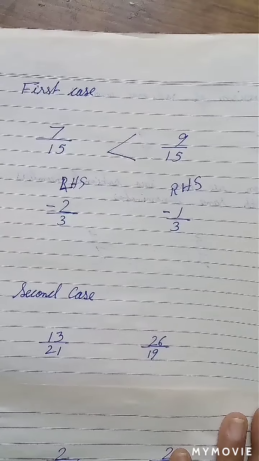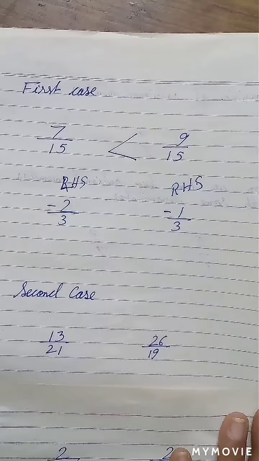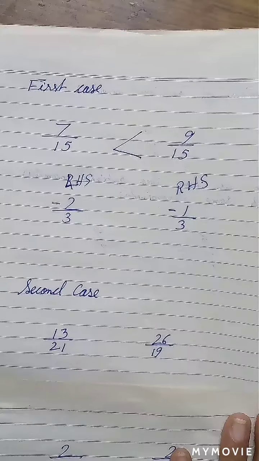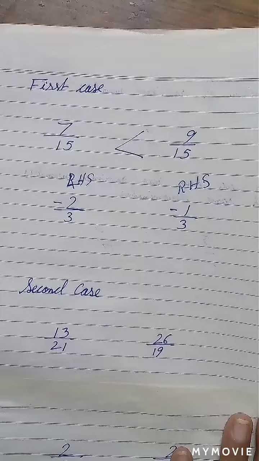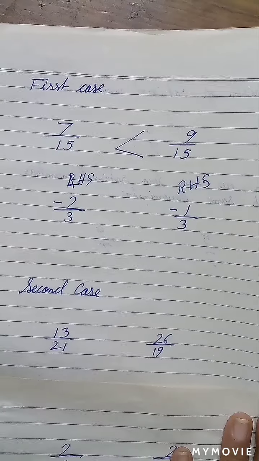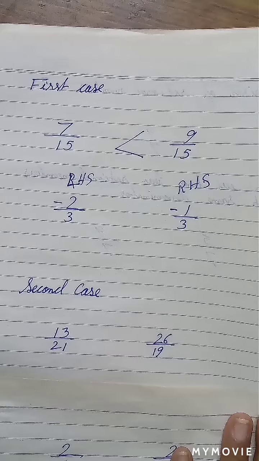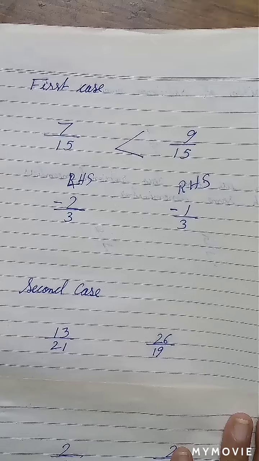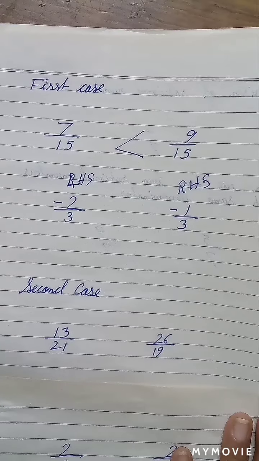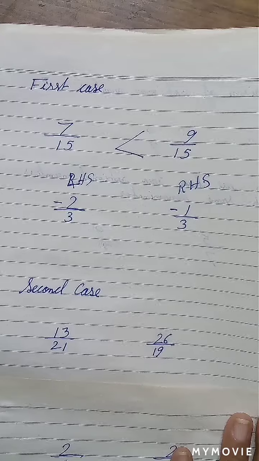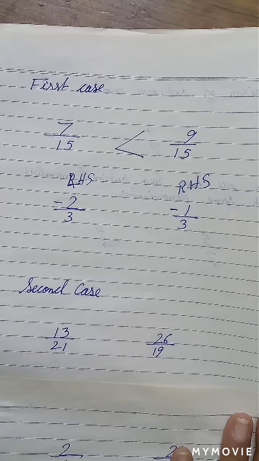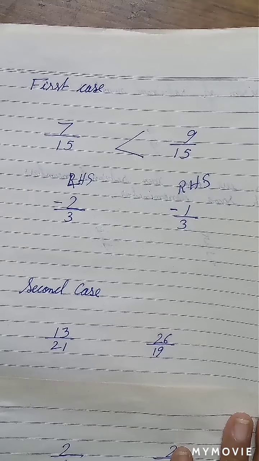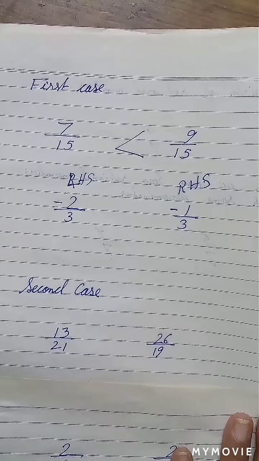Definitely 9 is bigger than 7. So 9 by 15 is greater than 7 by 15. So whenever the denominators are the same, we compare the numerators, and the rational number with the bigger numerator is always the greater rational number.